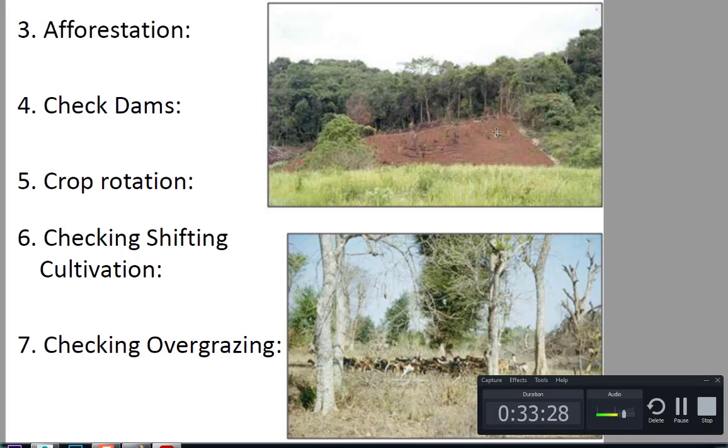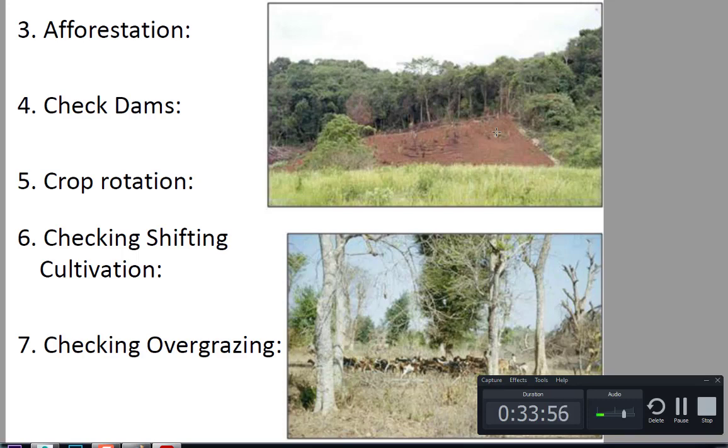Next one practice is crop rotation. So if you rotate the crop in agriculture fields, this is responsible for the soil conservation. It has been observed by many agriculture scientists as well as different scientists. They have worked on crop rotation as responsible for the soil conservation practices. इसके अलावा next one is checking shifting cultivation.